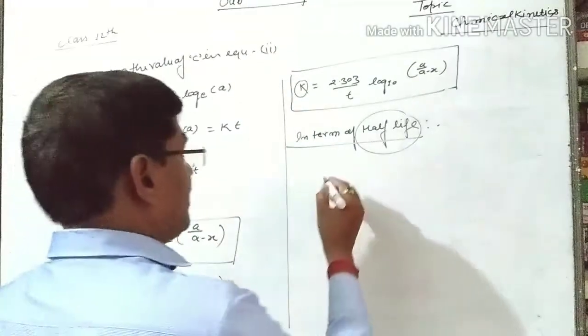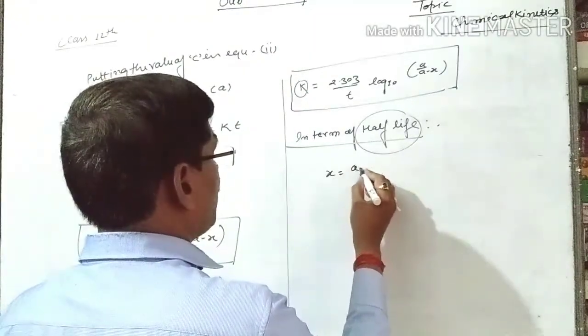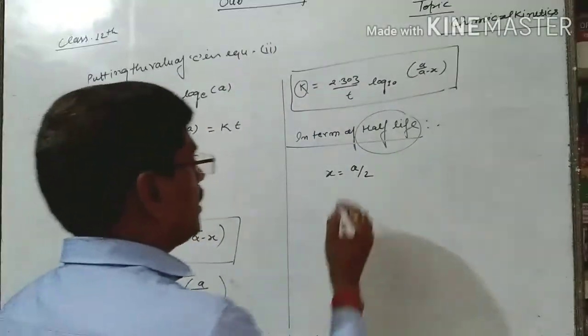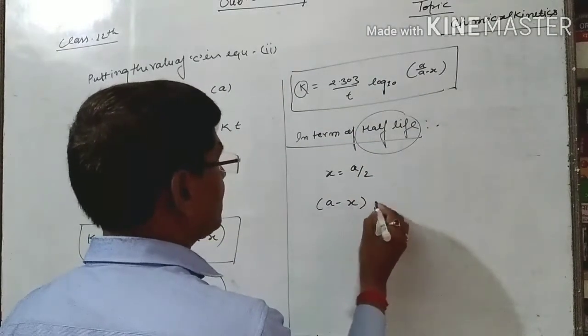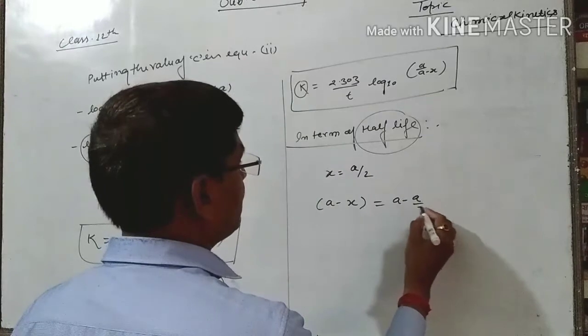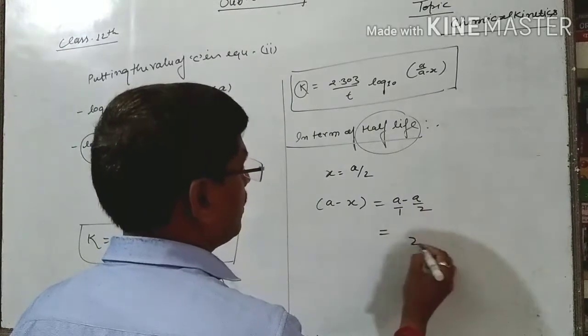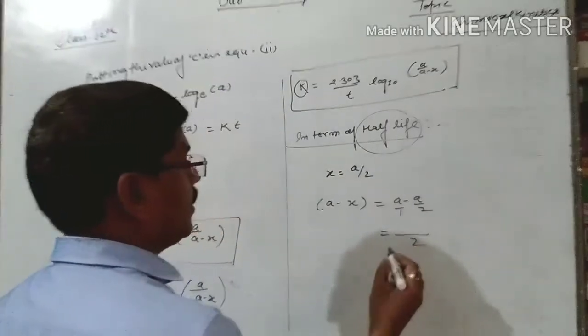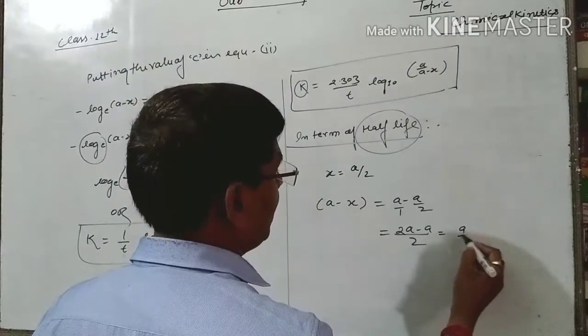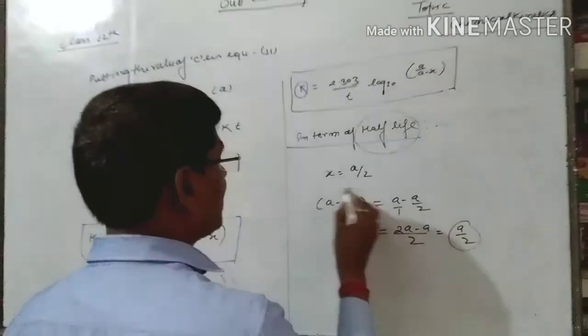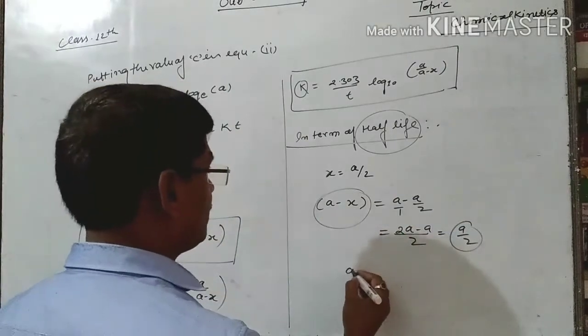It means x is equal to a by 2. So if I subtract a minus x, that is a minus a by 2, it means 2a minus a, or a by 2. So I can write a by 2 in place of a minus x.